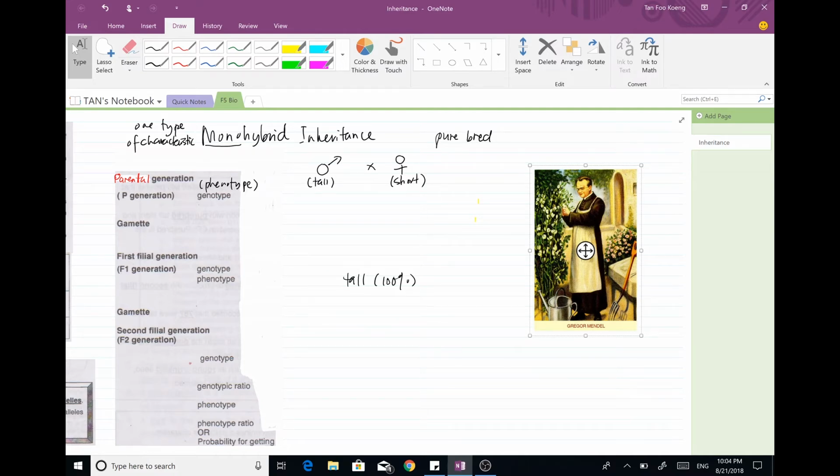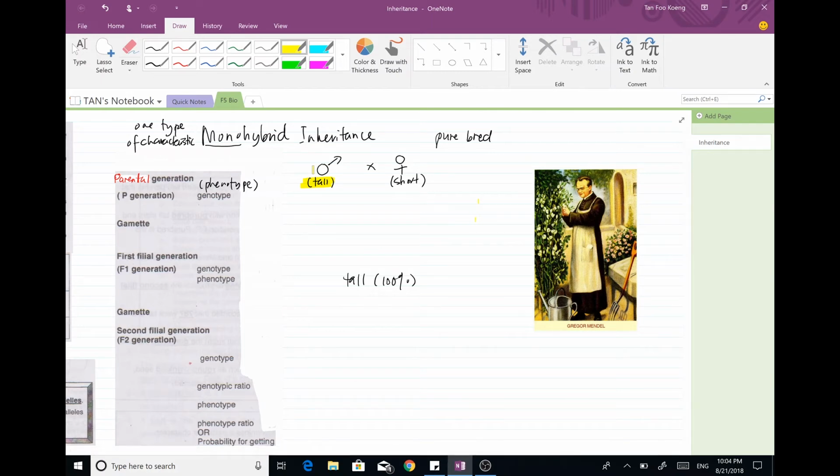Alright, so let's look at what he did many years ago. In the first place, he tried to get a tall plant, and he made sure that the parents, the grandparents, and the great-grandparents of this plant were all tall. So I call this plant a pure breeding tall plant.